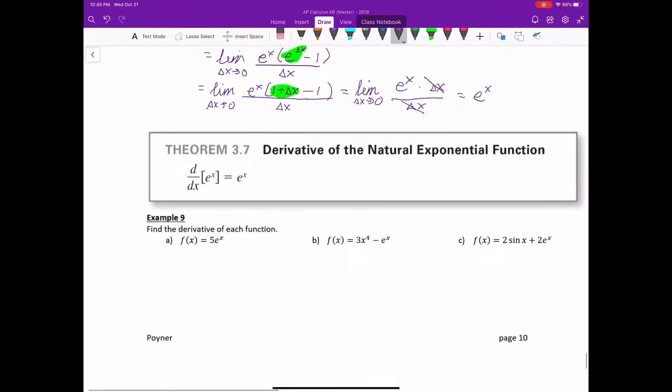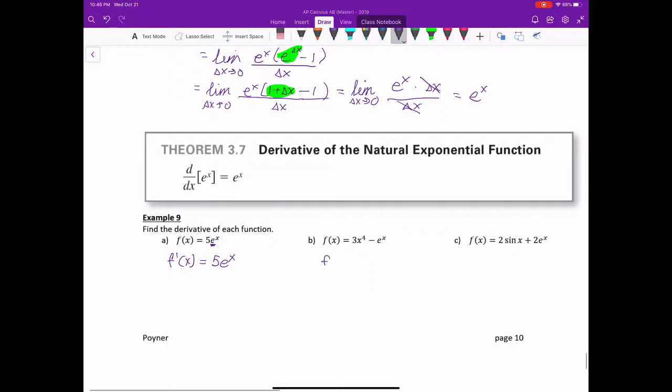So when I then do examples of that, f prime of x, and here's the theorem, we just proved it. We did it backwards, we did the proof, and then we concluded that that would be the case. The constant multiple stays the same, and then the derivative of e to the x is just e to the x. Done. F prime of x.